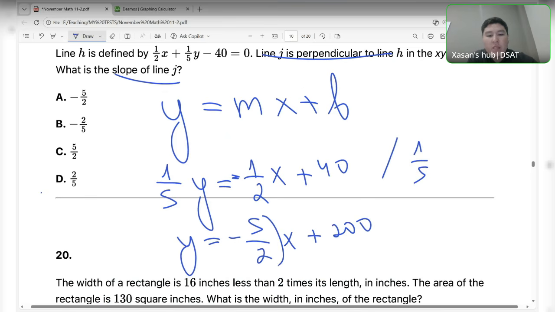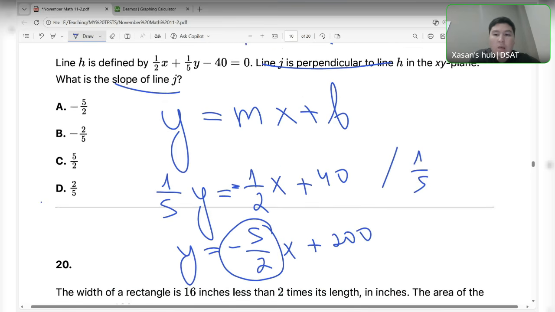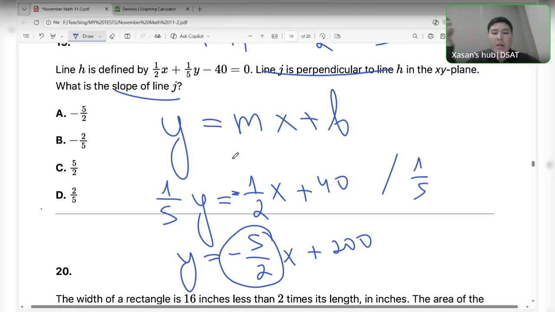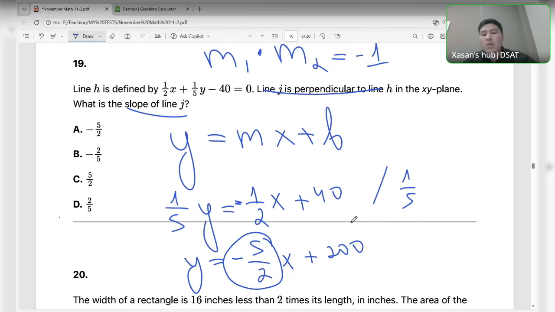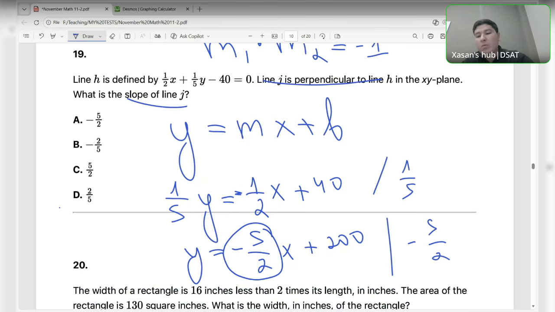So the slope of the given line is negative 5 over 2, which means the slope of the perpendicular line must be 2 over 5, right? Negative 5 over 2 multiplied by m must be negative 1, so the value of m equals 2 over 5.